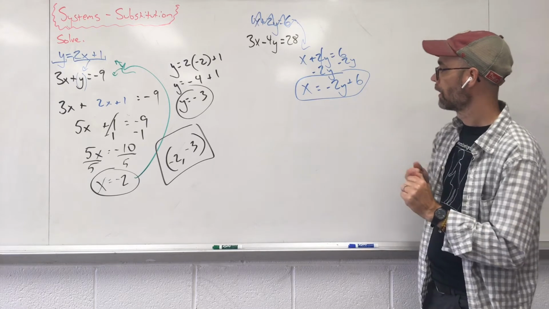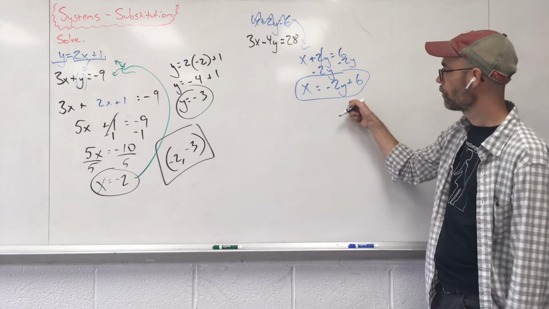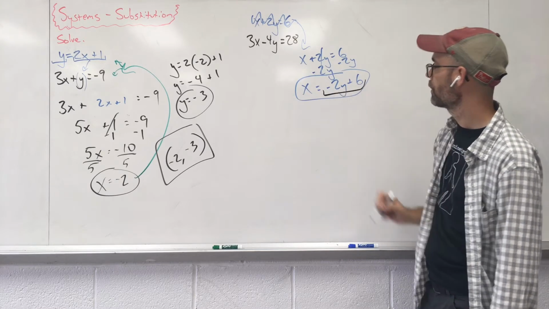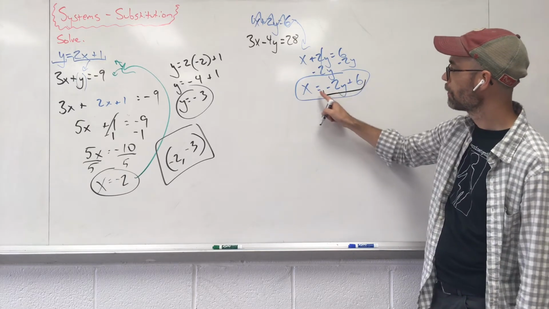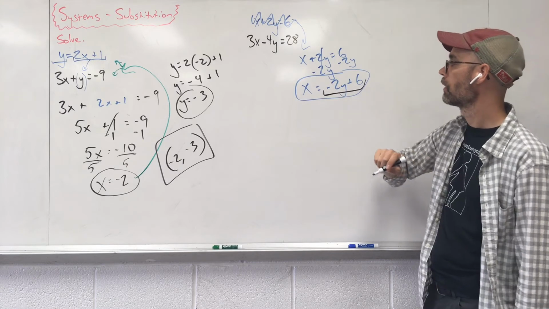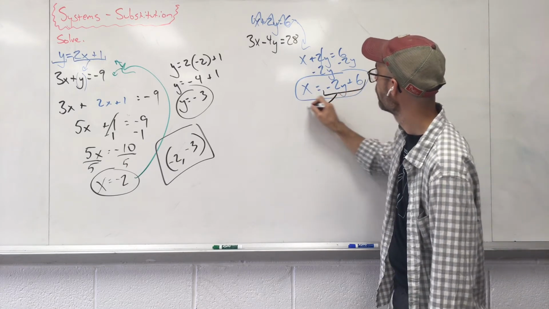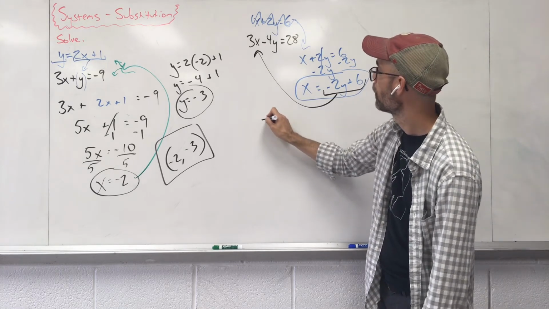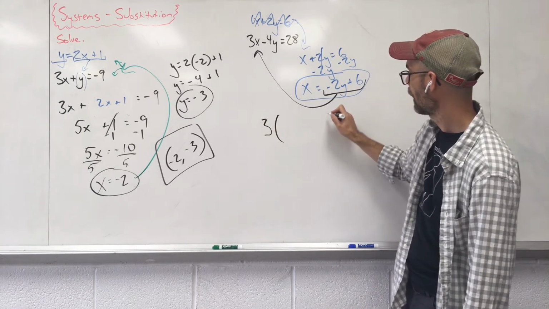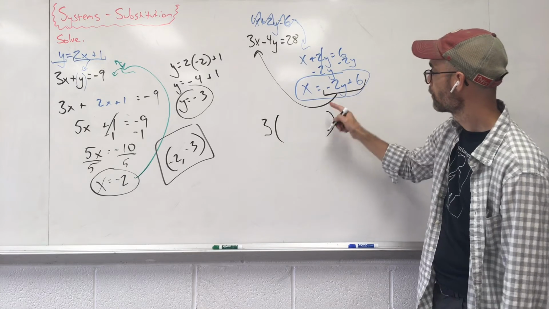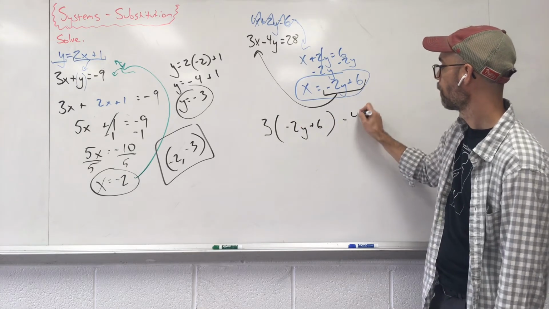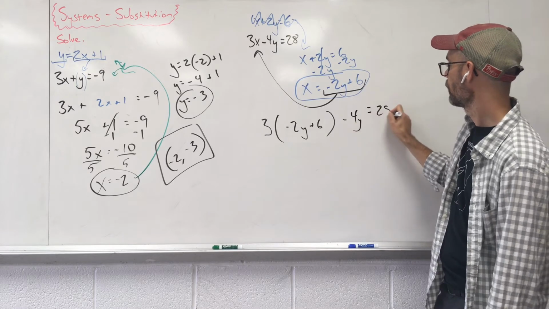Now, I have x equals this group. This group is the same as that. I want to pick this up and put it in place of x. I want to now take that and put it right there. So let's rewrite our problem. 3 times this group, negative 2y plus 6, minus 4y, equals 28.